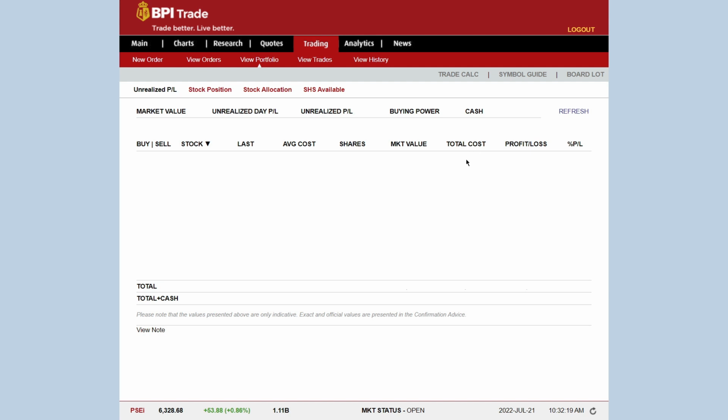Then total cost, you'll also see that here so you can compare the performance of your stock investment. Then profit and loss, again, that's the number. For example, you earned 100k, and the percentage is 10%.